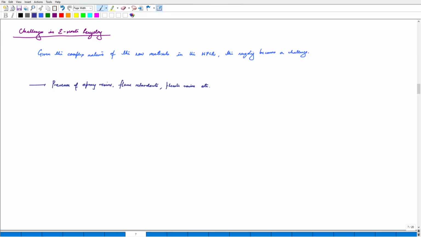What happens is, after application, we need to remove these components, and if these materials are not properly treated, these can generate hazardous wastes. So presence of resins, and then there is the improper method.